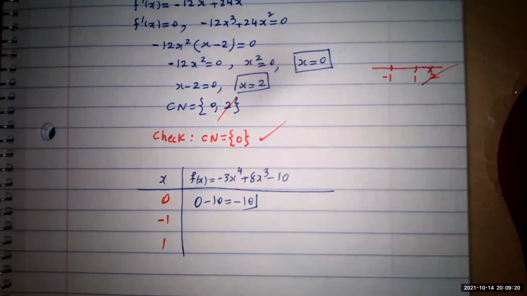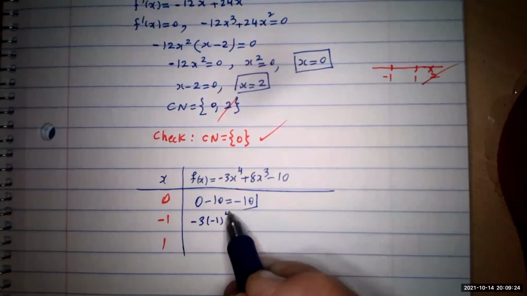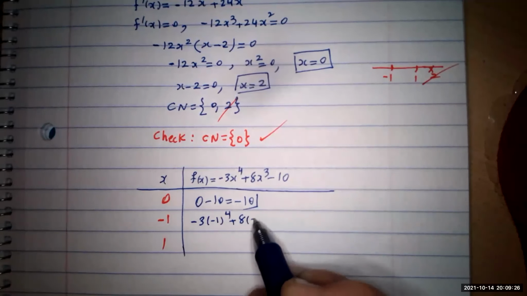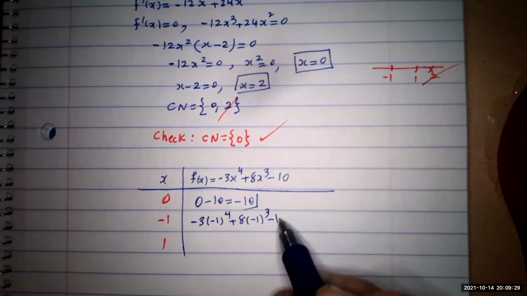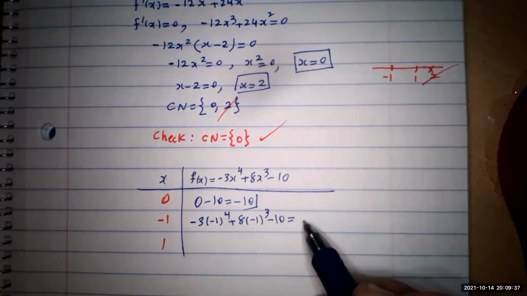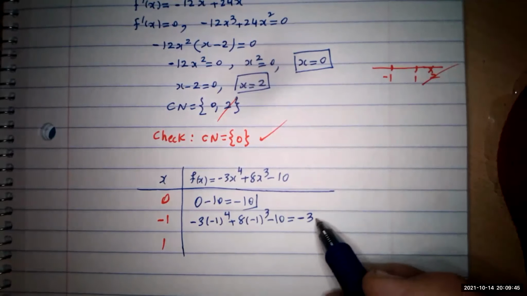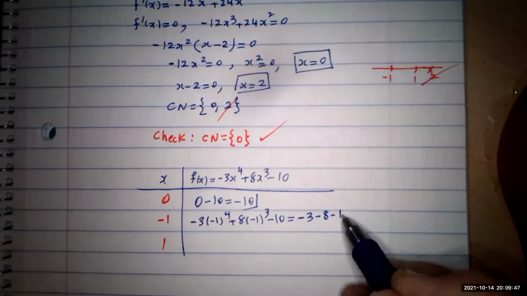If you put the negative 1, you have to use parentheses carefully: negative 3 times negative 1 to the 4th, plus 8 times negative 1 to the 3rd, minus 10. Negative 1 to the 4th would be a positive 1, so that gives a negative 3. But negative 1 to the 3rd would be negative 1, so negative 1 times positive 8 would be negative 8, and minus 10.